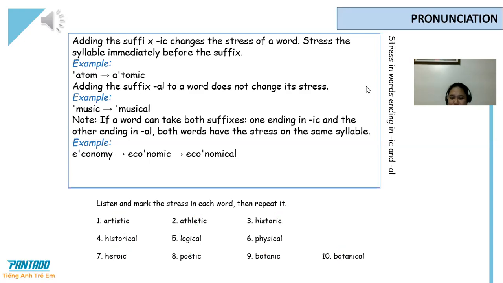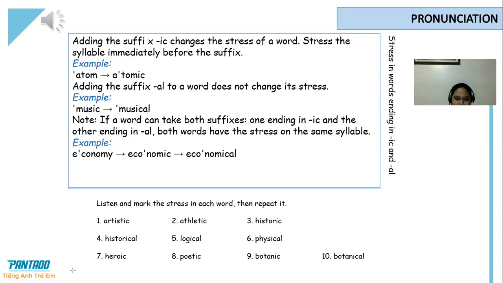Now it's your turn to read this. Number 1. Artistic. Number 2. Number 3 is historic.